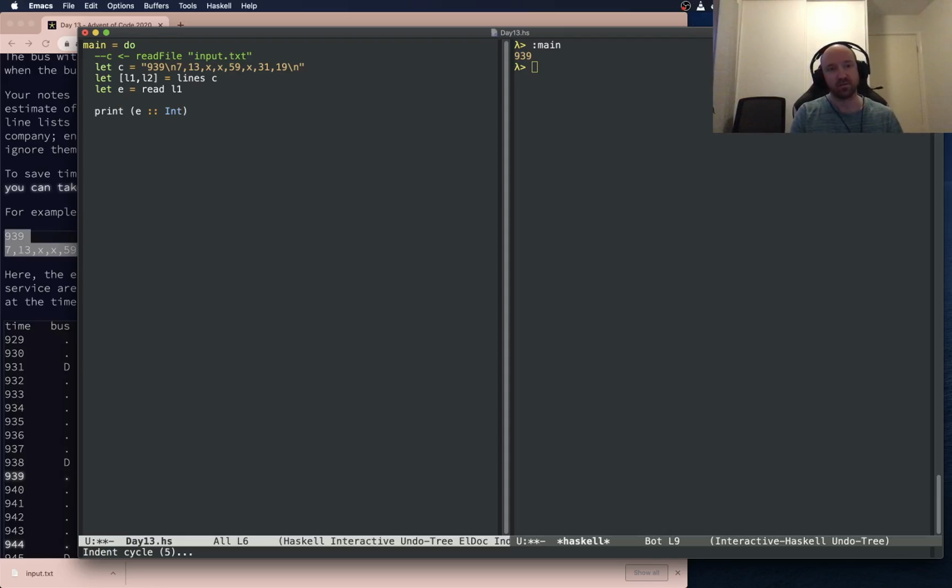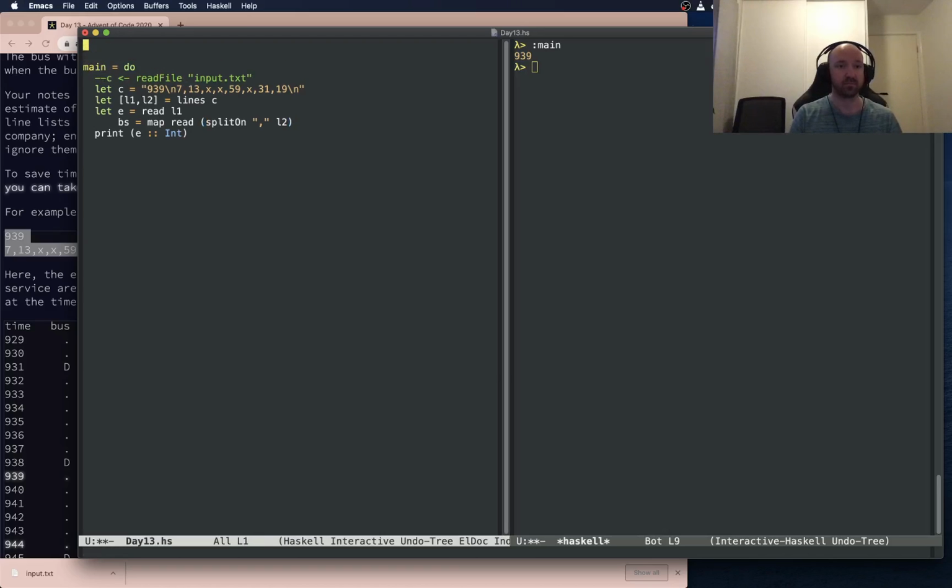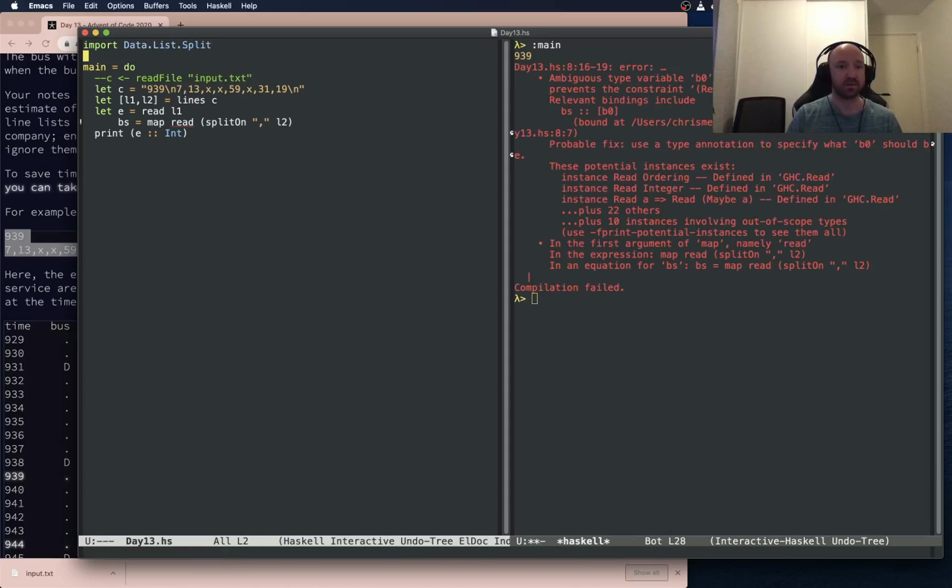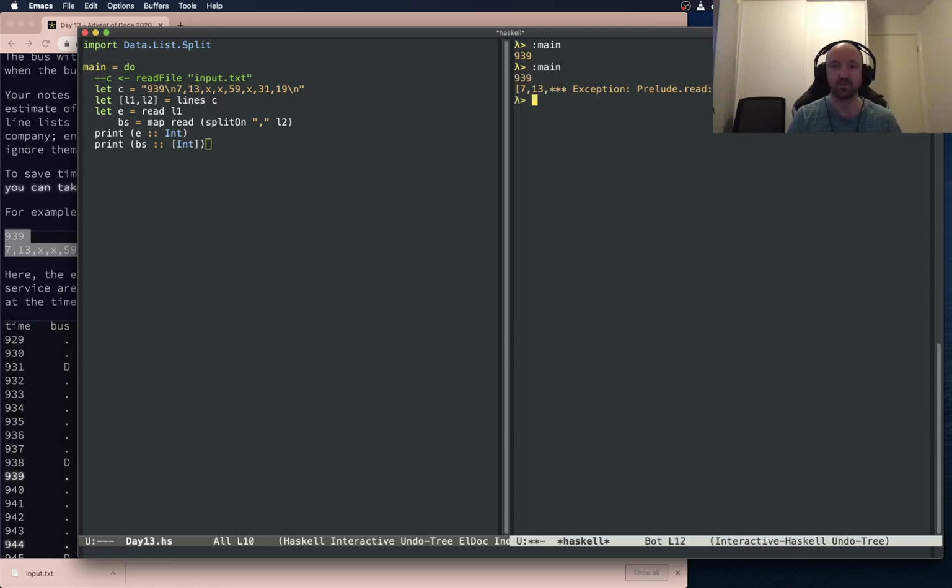The second line has all of the buses, so we'll call that the buses, and that's map read on L2, but L2 has to be split on commas. Oop, didn't like that. And we'll print out those, and this is just to make sure we're... oops, didn't like that.